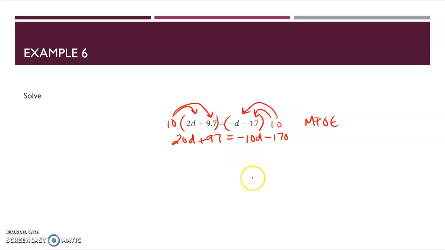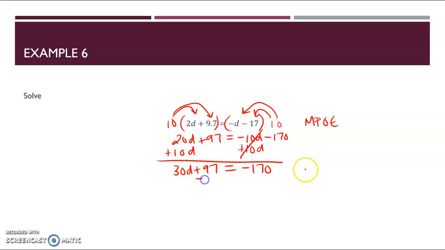From here, I am going to add 10 to both sides because that's going to keep me at a positive coefficient. So we're going to add 10d. So 20d plus 10d is 30d plus 97 equals a negative 170.